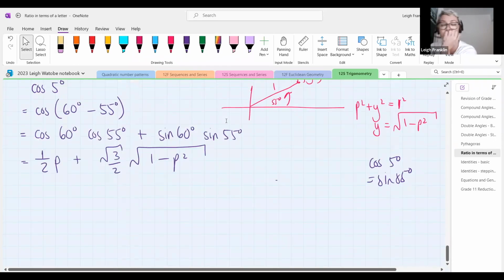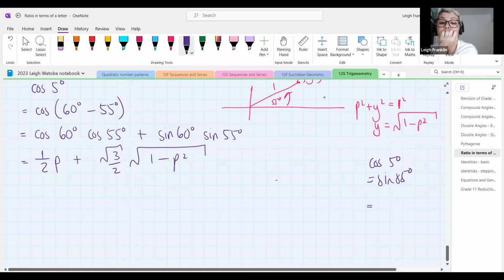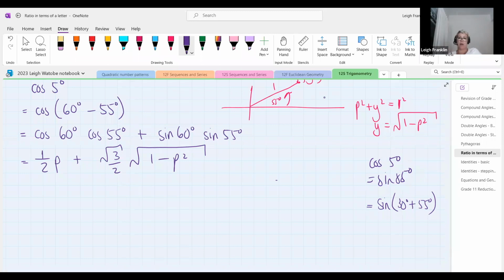All right, keep going. And then I split it and said 30 plus 55. Oh, interesting. 30 plus 55. And then compound angle. Nice. Lovely, no problem at all. Absolutely, you can do it that way. That's really good thinking.